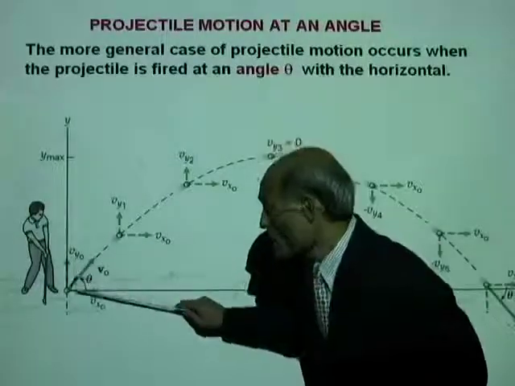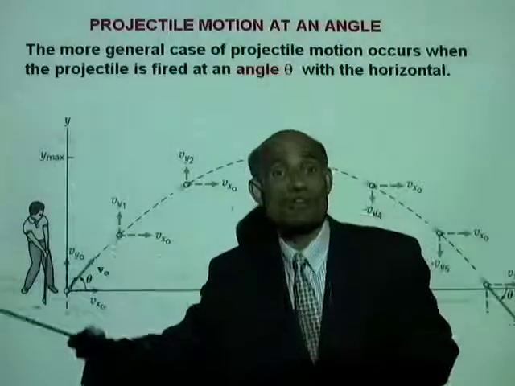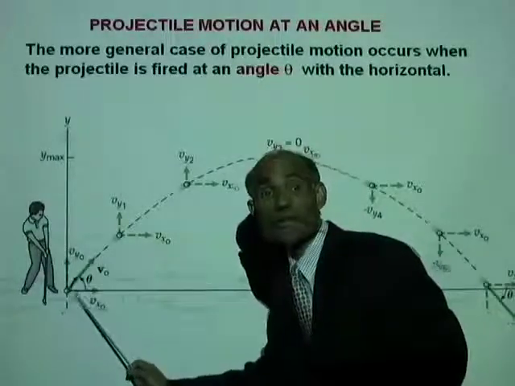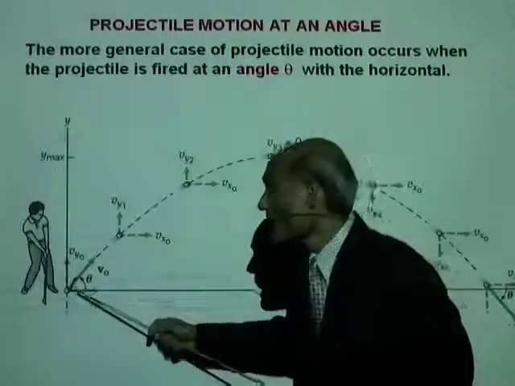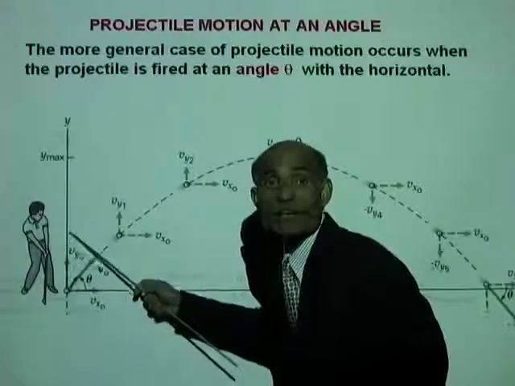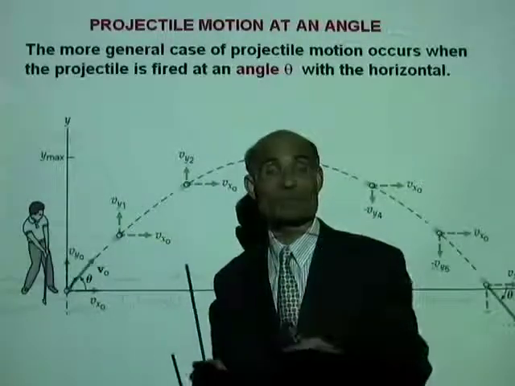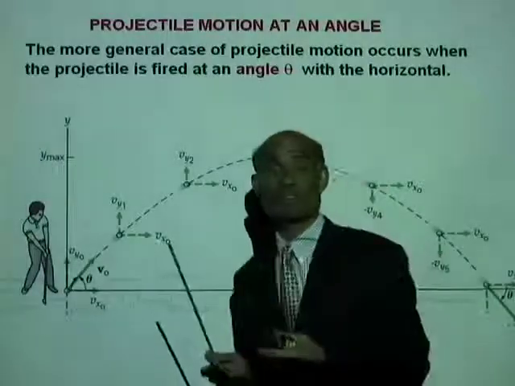You see, the horizontal motion is due to the horizontal component of velocity. The v0 cos theta is responsible for the horizontal motion, and v0 sine theta is responsible for the vertical motion. Let's spend a couple of minutes talking about these velocities.